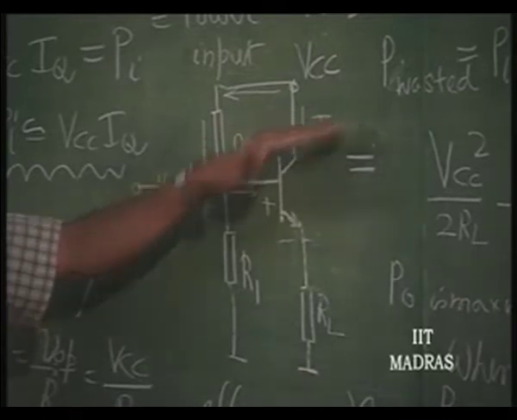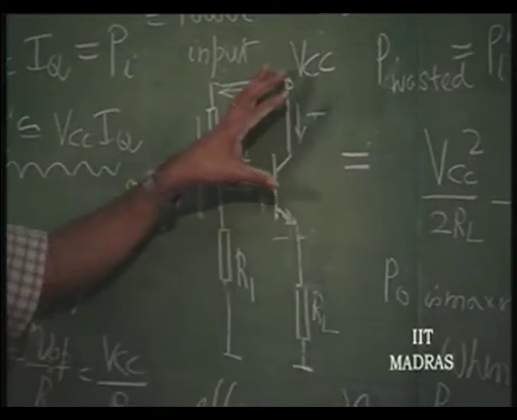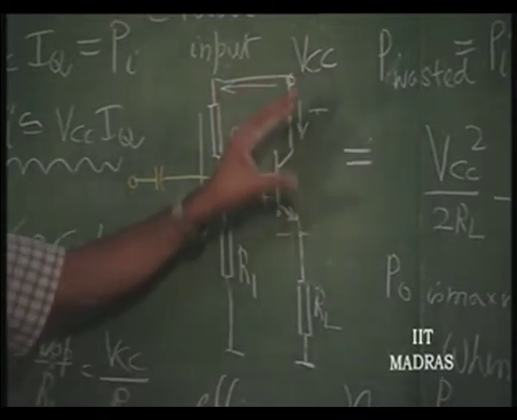When the voltage here increases, the current decreases. When the voltage decreases, current increases.